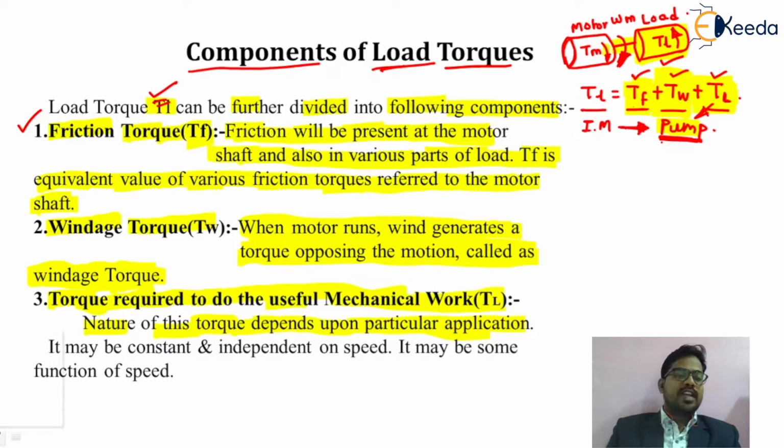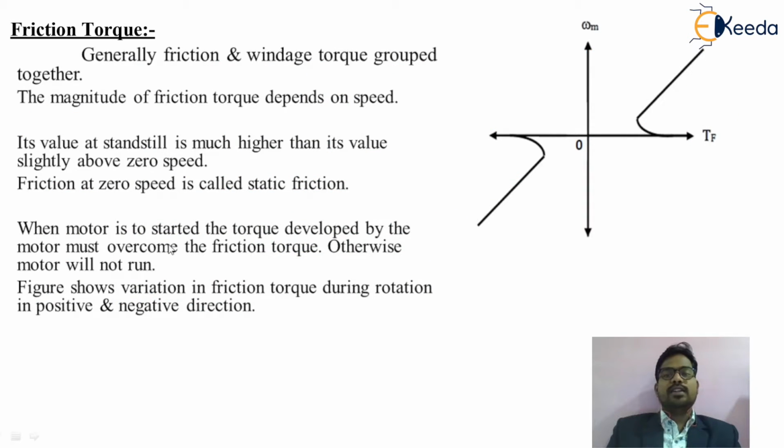So let's start to understand the next very important component: a detailed understanding of the friction torque. First of all, we can understand what we mean by the friction torque. This friction torque is symbolically represented by TF.